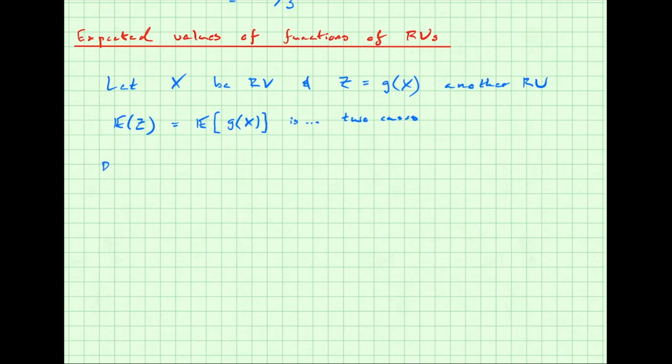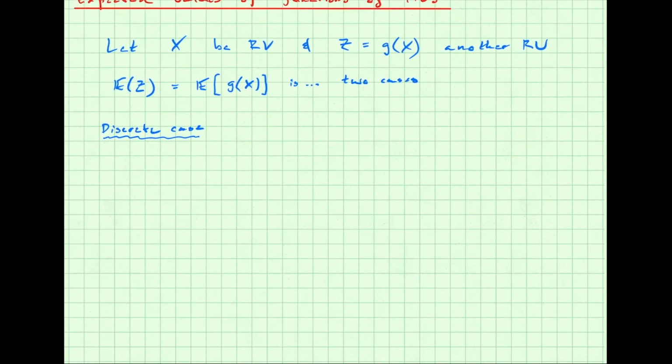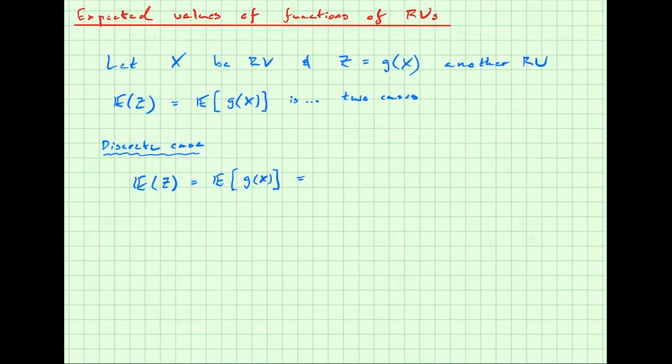So for the discrete case, and this isn't really a new definition, we look at the expected value of z, also known as the expected value of g of x. In the discrete case, I have to specify what exactly is meant here.